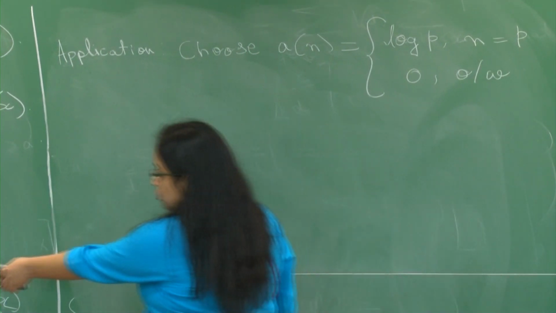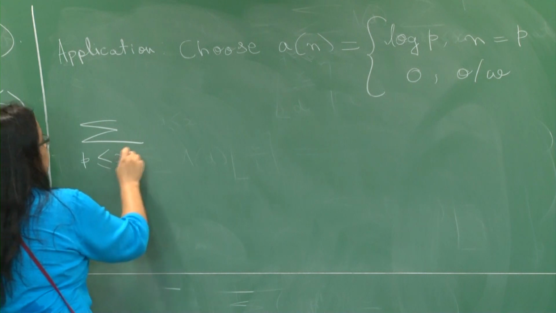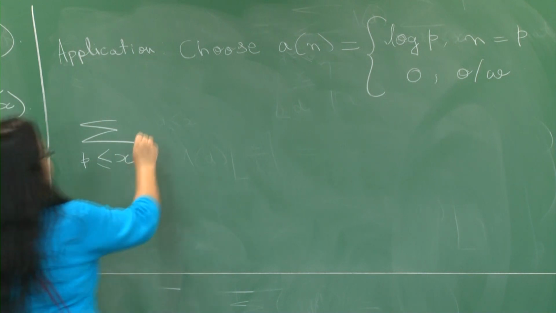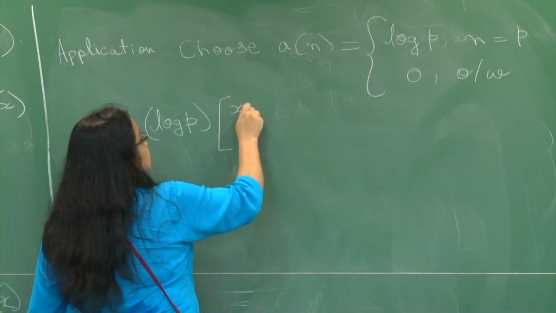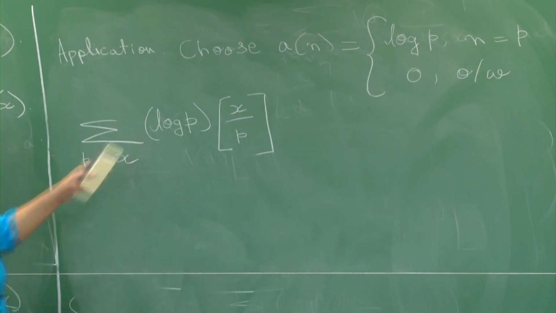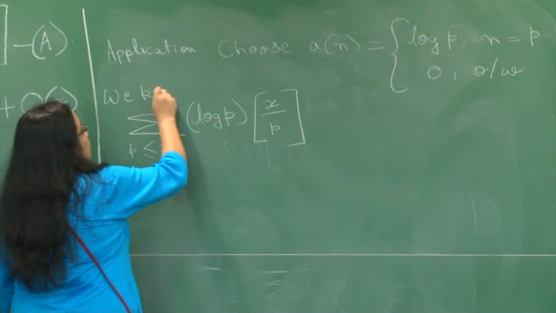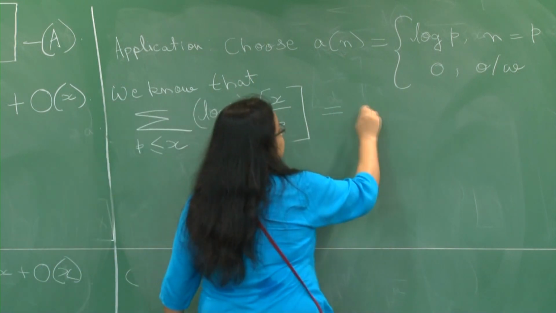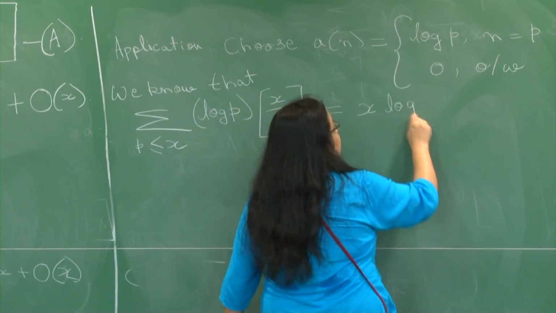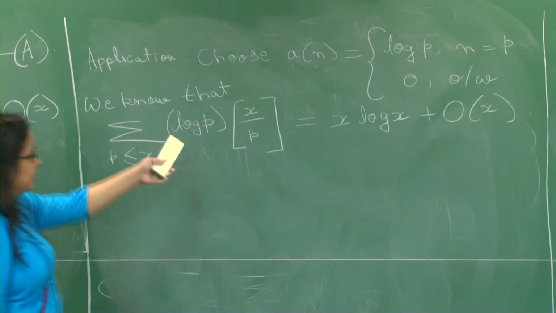The left hand side now becomes summation p less than or equal to x of log p times box x over p, which you have already evaluated, and it is exactly equal to the form which you require. We know already that this sum is equal to x log x plus O of x. What does this mean?